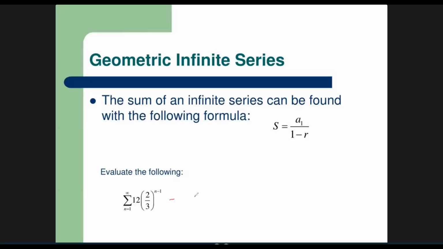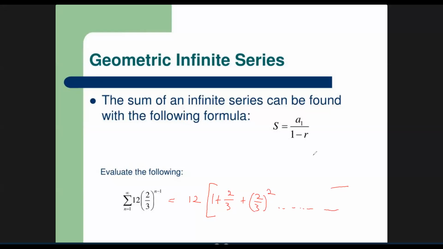So it's really 12 bracket, and you get 2/3 to the 0 power, so the first term is 1, plus 2/3, then 2/3 square, and so on, right? It goes on and on and on, it doesn't end.